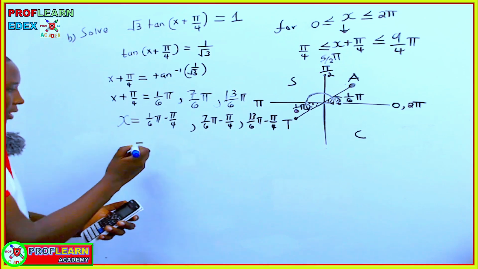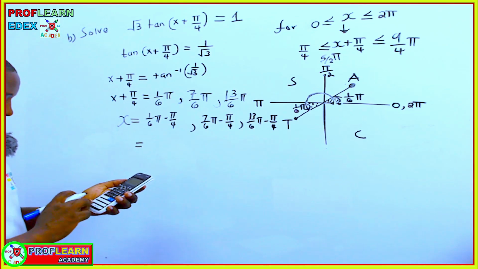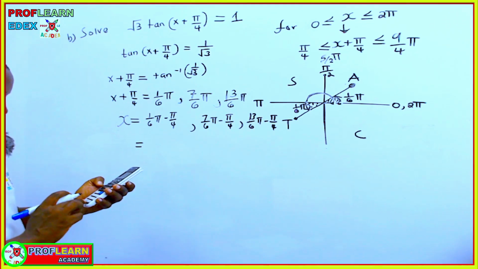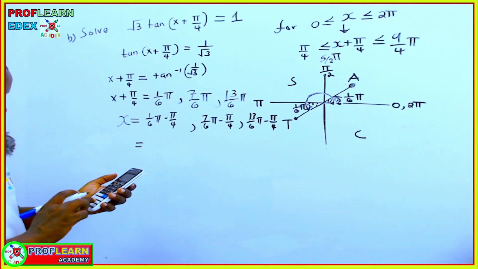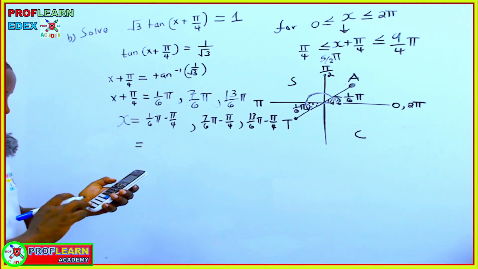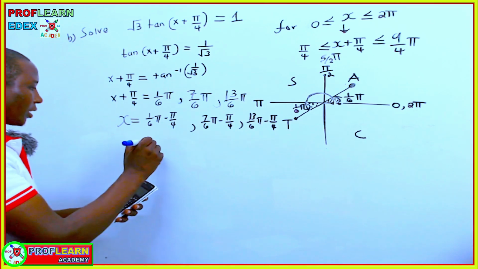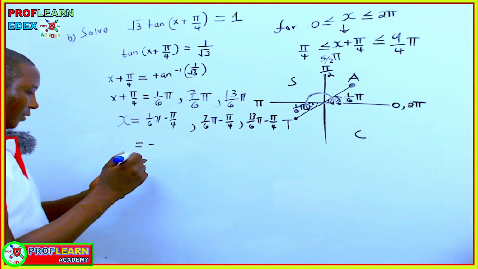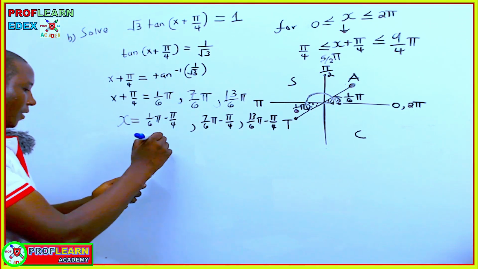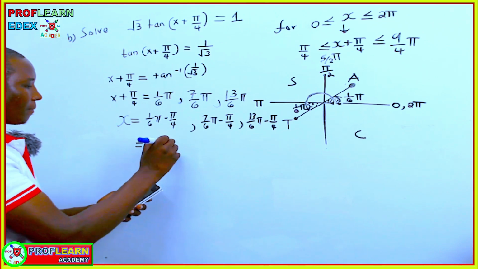So if I subtract, the first one is 1 over 6 pi minus pi over 4. This is going to translate to negative 1 over 12 pi.